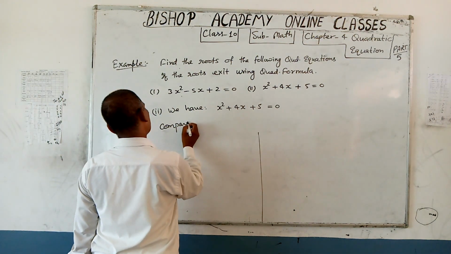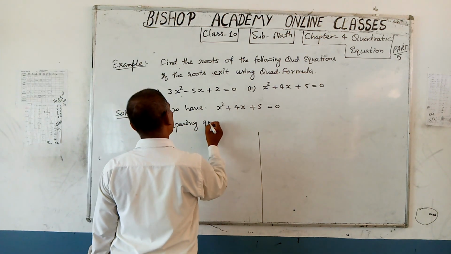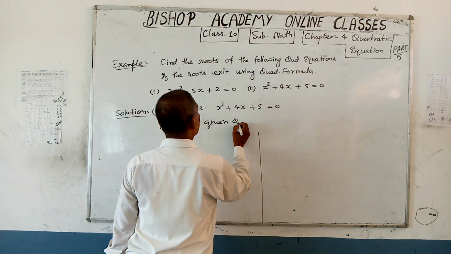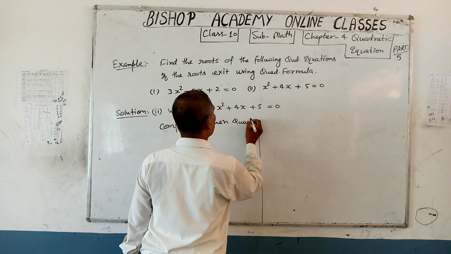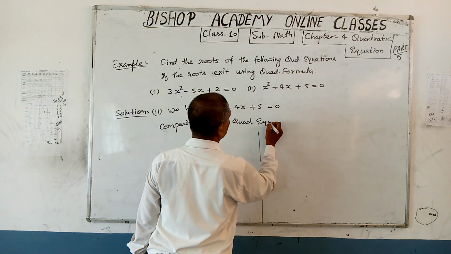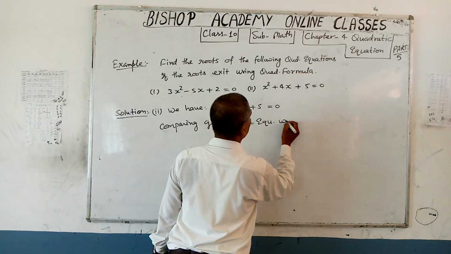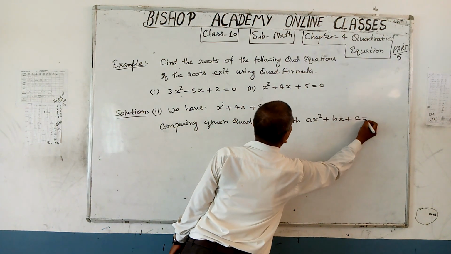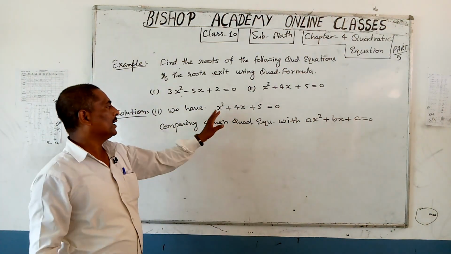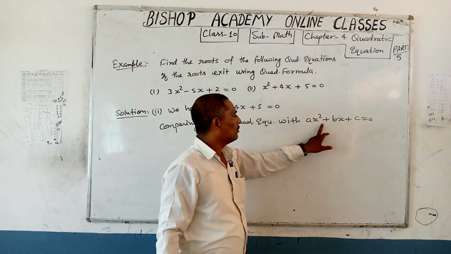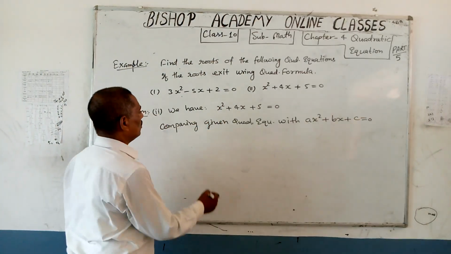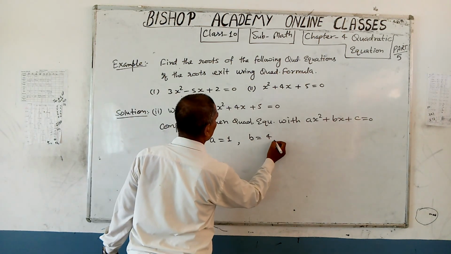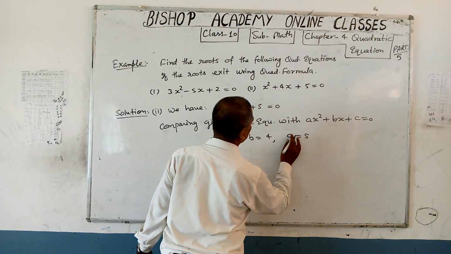Comparing the given quadratic equation with ax square plus bx plus c is equal to 0, you find a is equal to 1, b is equal to 4, and c is equal to 5.